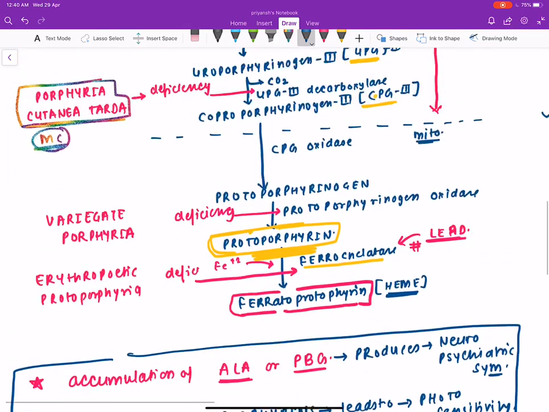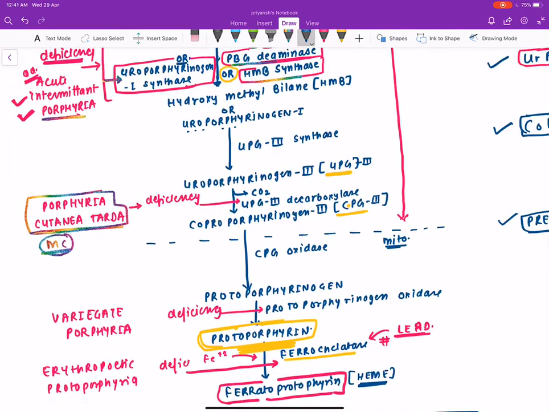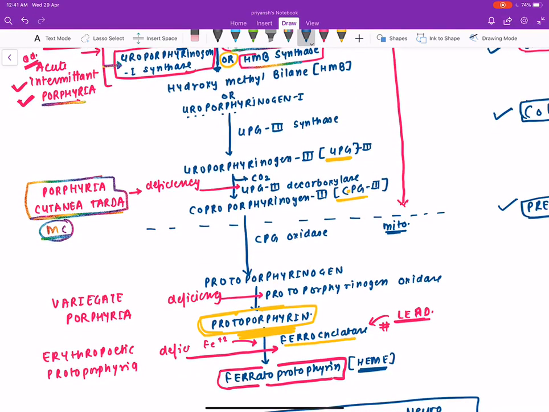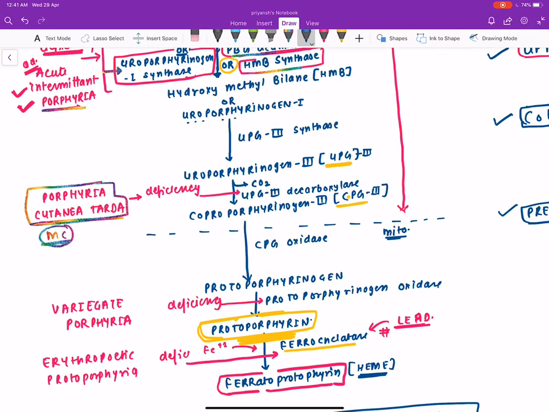See, in this pathway I have not mentioned all the porphyrias. I have not mentioned congenital erythropoietic porphyria. I have not mentioned X-linked protoporphyria. Why have I not mentioned them? The reason is very simple, because I want to keep it simple, to show what the important information is that you should draw. So these are the porphyrias that I want you to remember, which enzyme deficiency leads to these porphyrias.